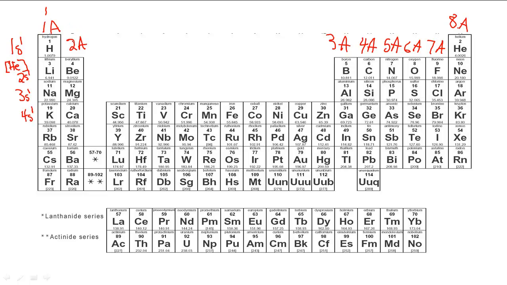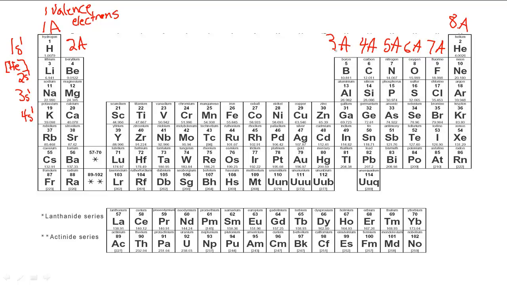If you write out the electron configurations for each group, you'll notice that at the end they have the same number of valence electrons. So when you see 1A, that means it has one valence electron. 2A, as you could guess, has 2 valence electrons. 3A has 3 valence electrons, 4A has 4 valence electrons, and 5A, 6A, 7A, 8A correspond to the group number.